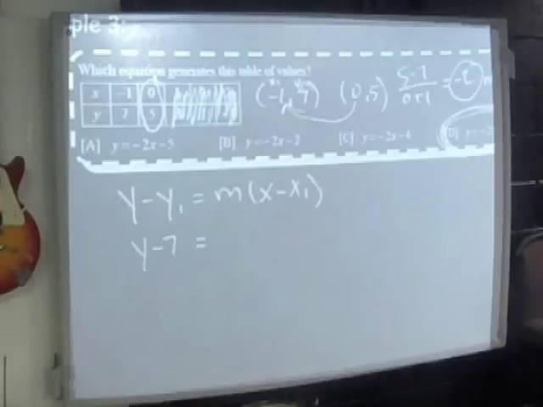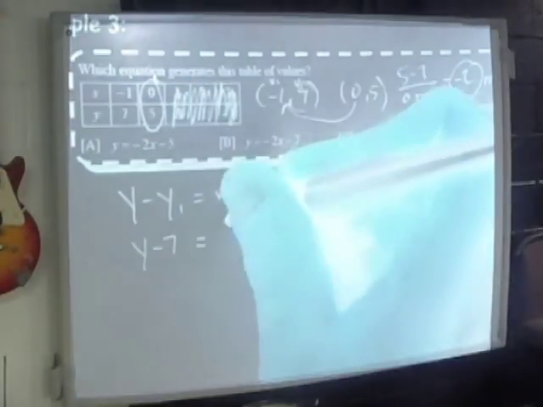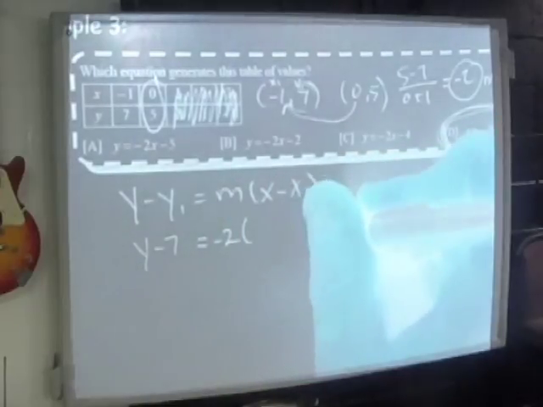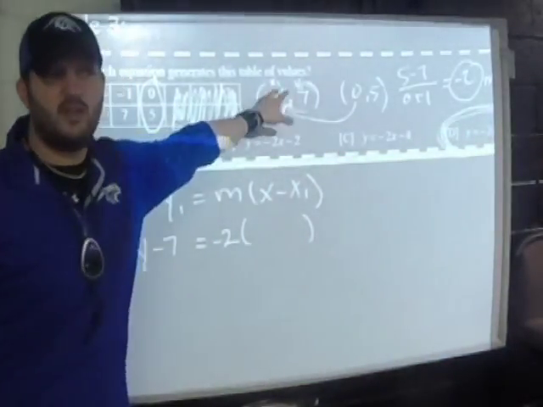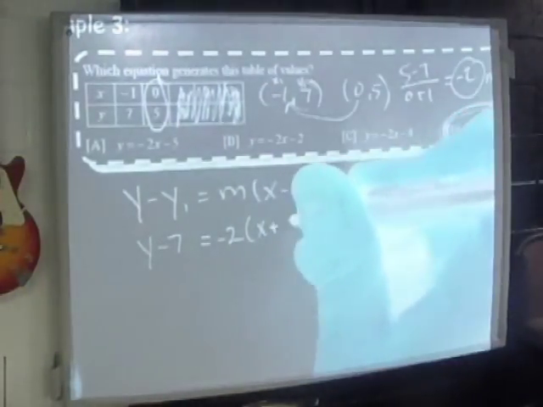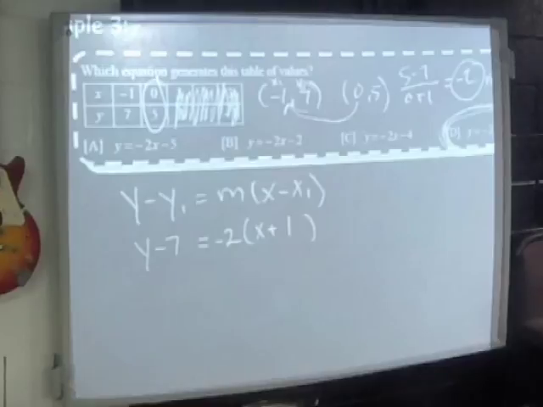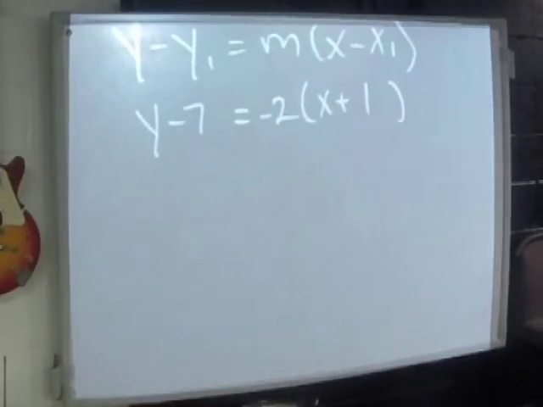Equals, I know my slope. It's -2, so that's what comes here where m is. And then be careful on x minus x1. It's actually x minus -1. So it's x plus 1.